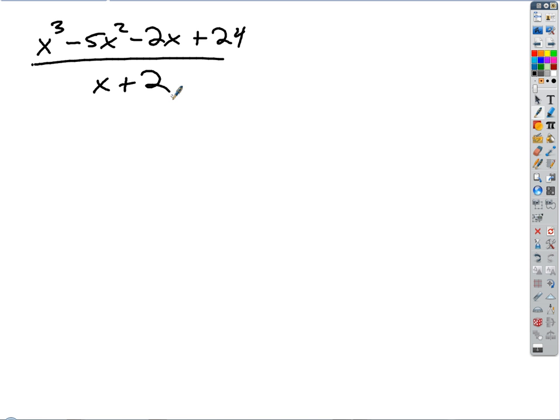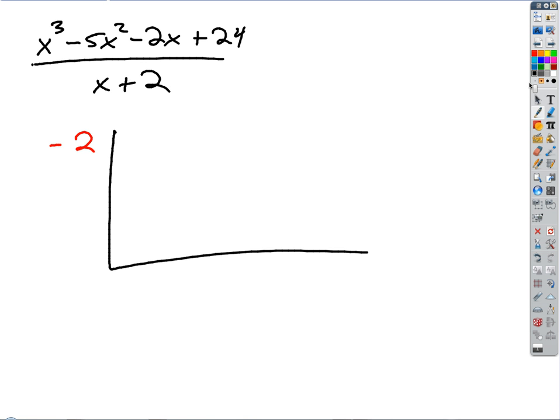So how do I set this up with a synthetic bracket then? Okay, so I'm going to make my bracket, and then what's k? Negative 2. So -2 goes out here. There's two ways to think of it.